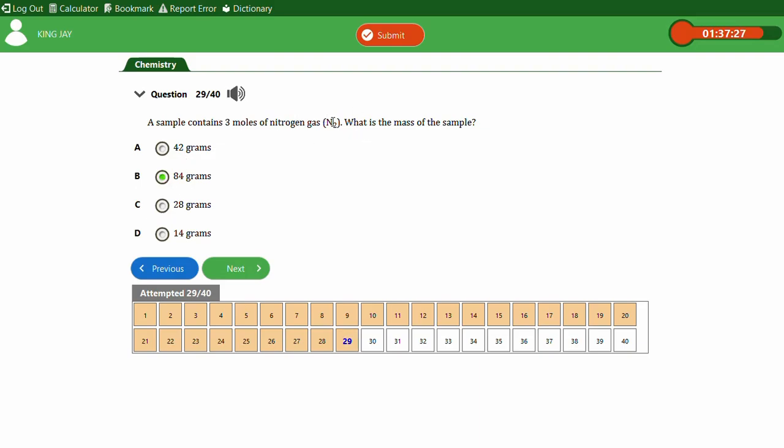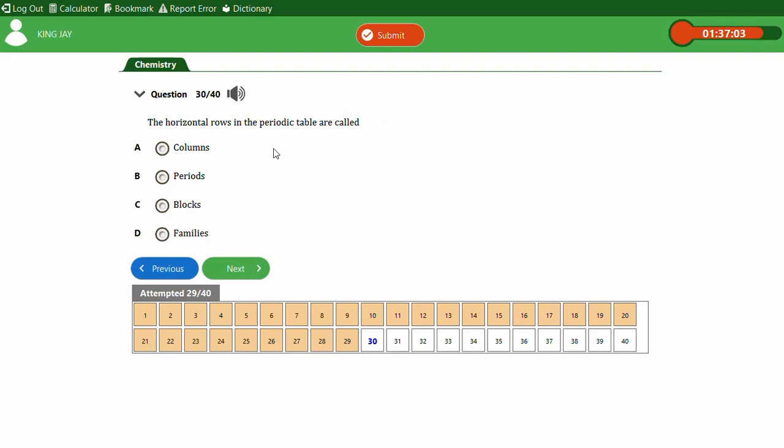Note you must multiply it by the number beside it, that is N2, nitrogen gas. Some will get the answer by multiplying 3 times 14, but it's 3 times 28.